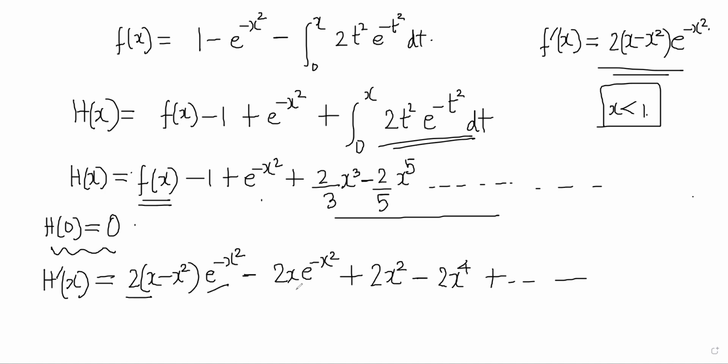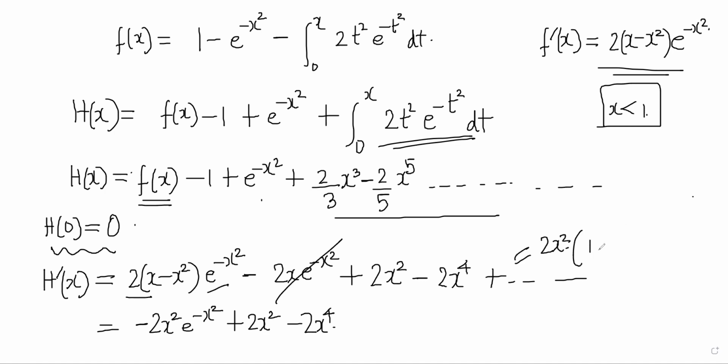So h dash x is basically this, plus 2x into e power minus x square cancels with this. So you get a minus 2x square e power minus x square and a plus 2x square minus 2x power 4, right? So what we can say is we can take 2x square common here and we get a 1 minus x square minus e power minus x square, something like this. And you can see clearly that if x is less than 1, this part is positive, right?